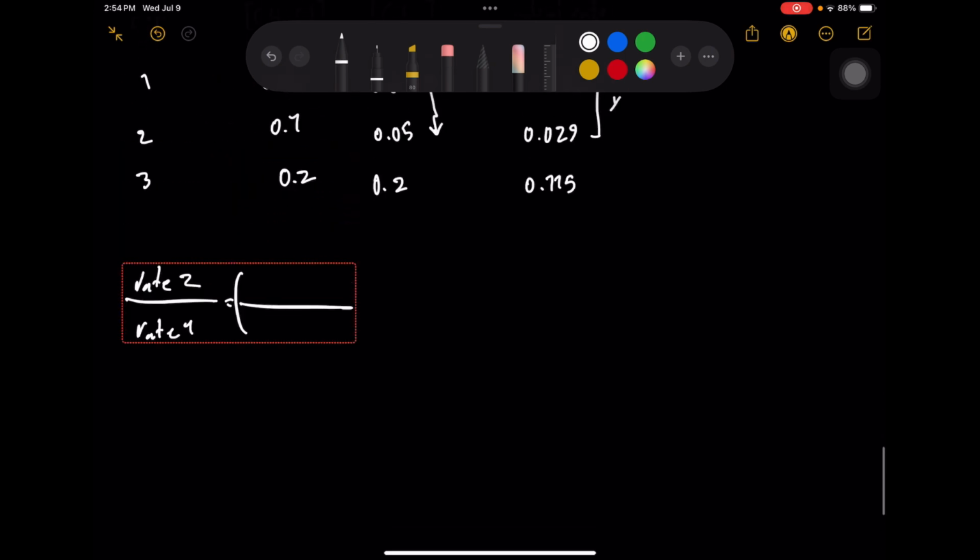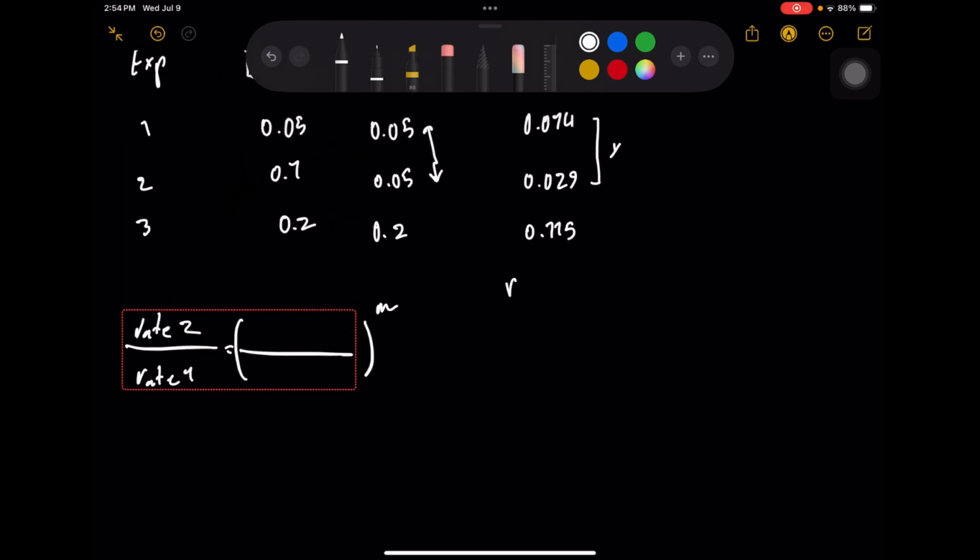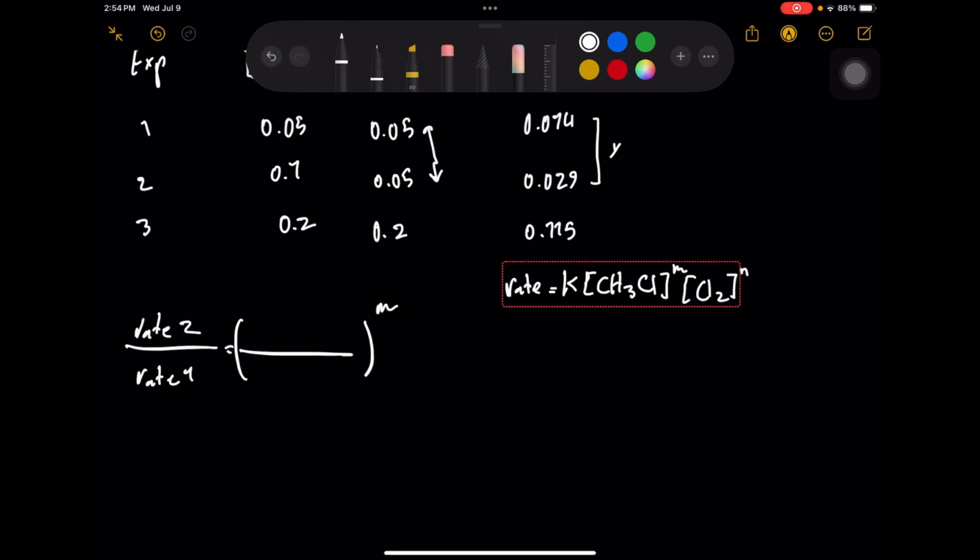We have m here, if you still remember, because the rate is k times CH3Cl to the power m times Cl2 to the power n.